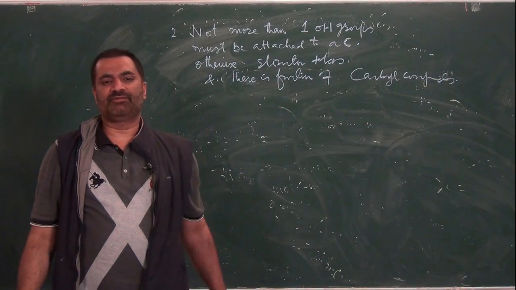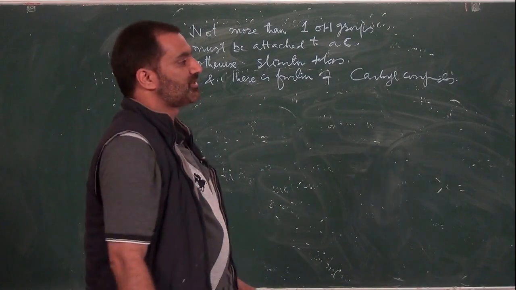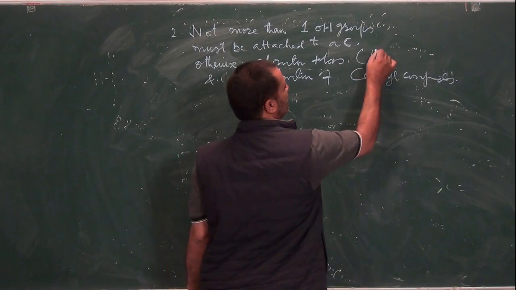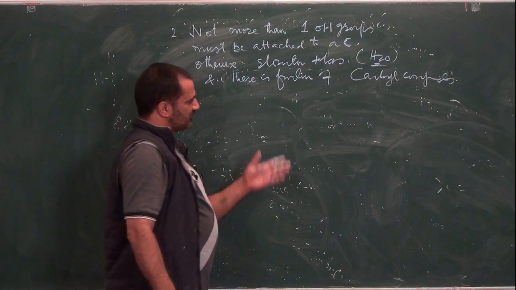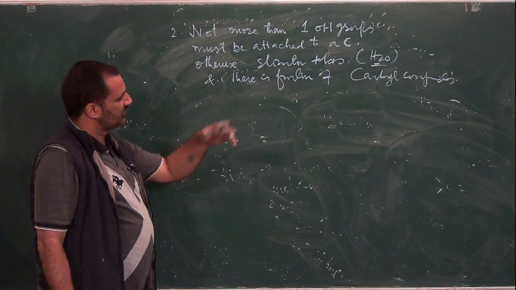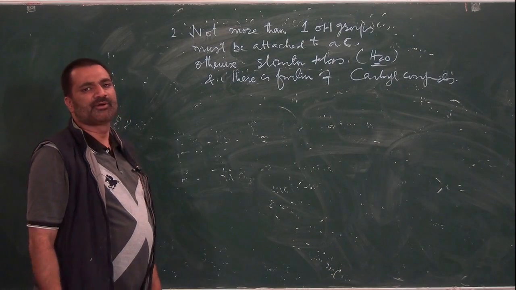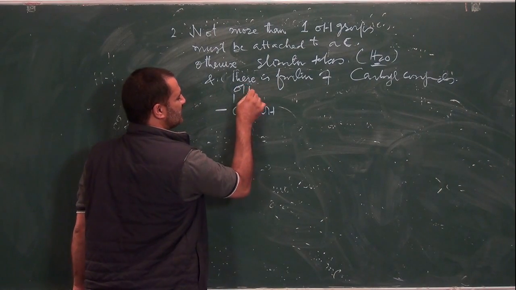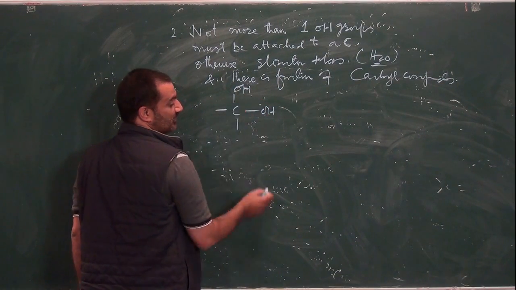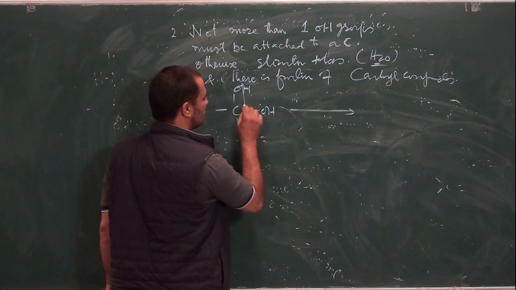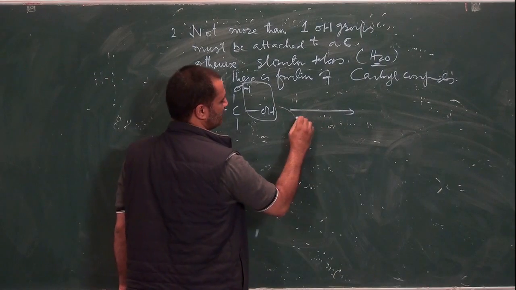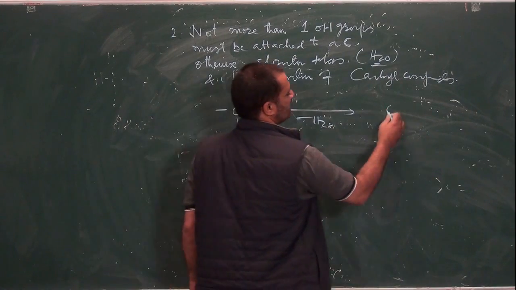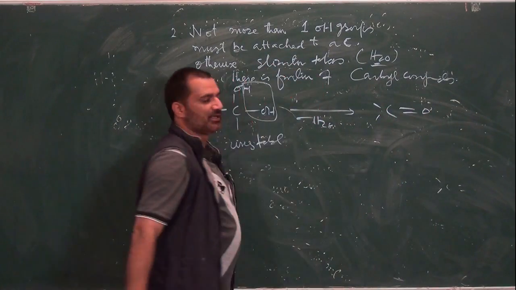If a compound has more than one OH group attached to a carbon, there is elimination of water. The compound is unstable and there is formation of carbonyl compounds. Because when these two OH groups are attached to a carbon, they have tremendous eliminating properties. There is loss of water because this compound is unstable, and it results in the formation of a carbonyl compound.